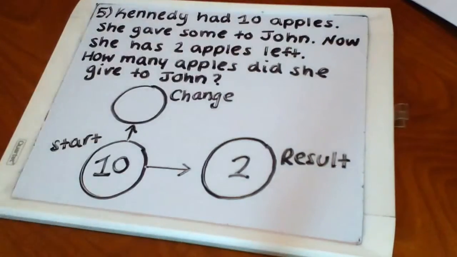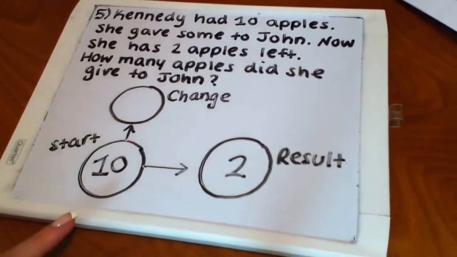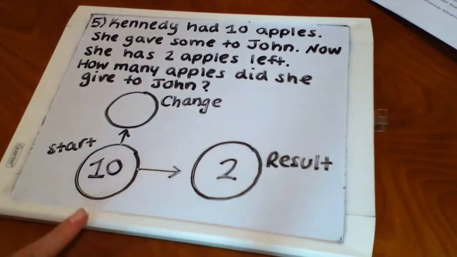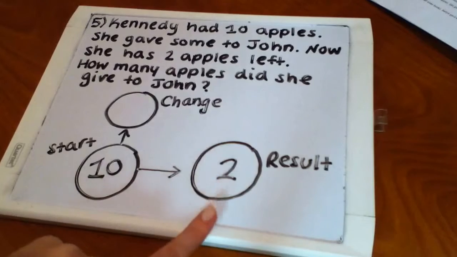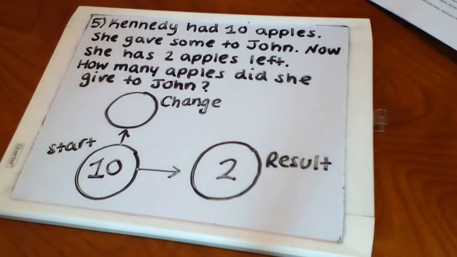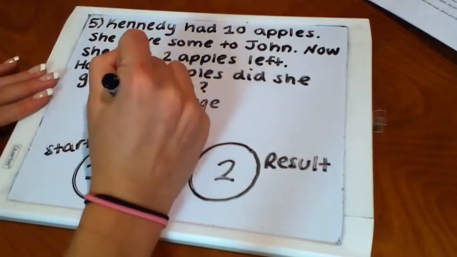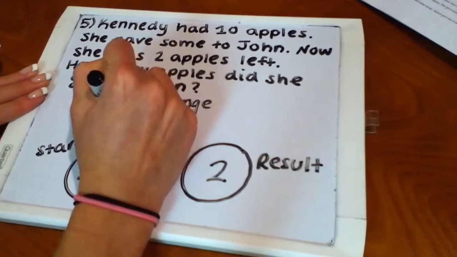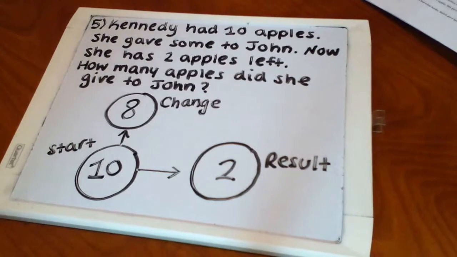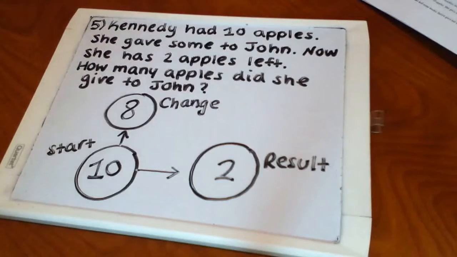And then if we look from our start to our result, we see that we go from 10 apples to 2 apples, well, we know that that clearly is subtracting 8. So here we would just put 8. And that's how you show with a separate structure how to do this problem.